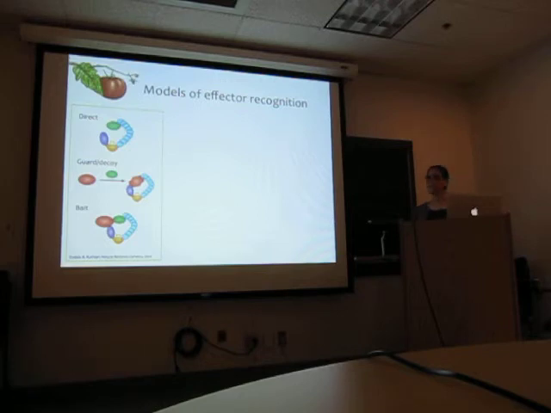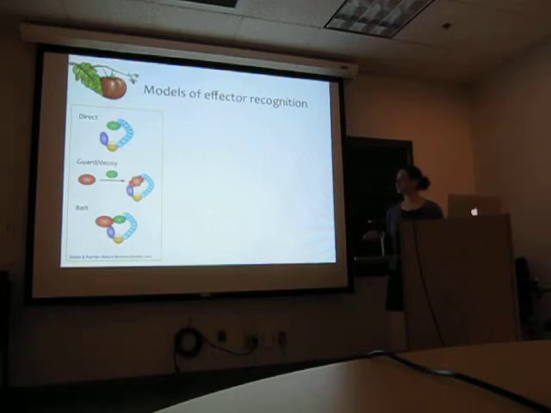And so we can think about models of effector recognition based on other R proteins and effectors that have been studied. We know some instances of direct recognition where in green we have the effector protein, and then this is a classical NBS-LRR resistance protein, and we know that in some cases they directly interact. But what seems to be more common is this guard or decoy model, where the effector is modifying a host protein that serves as its virulence target in the case of the guard model, and then that modification is recognized by an NLR.